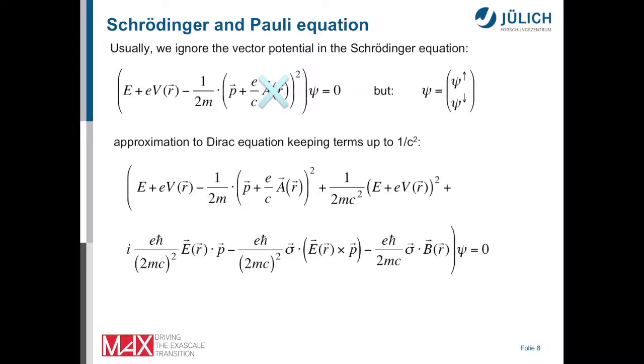Now if we make a somewhat more gentle approximation to the Dirac equation and say we keep the expansion in 1 over c, all terms up to 1 over c squared, then you arrive at this equation here, which is also called the Pauli equation, which contains 4 additional terms to the Schrödinger part, which we've just discussed.